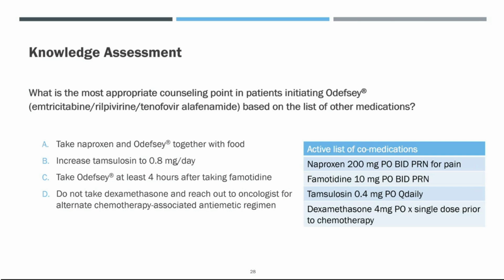Who thinks A is correct? C? C for correct. Okay, yes. Since famotidine will impact their gastric pH, make sure to have them appropriately spaced out from their Complera due to the rilpivirine component.